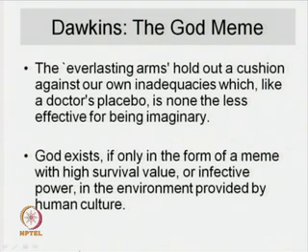Then Dawkins moves into an area which many may consider controversial. He believes that the idea of God is really a psychological crutch that human beings need in the face of despair, in the face of the unknown, in the face of grief. It's a crutch that's very important.